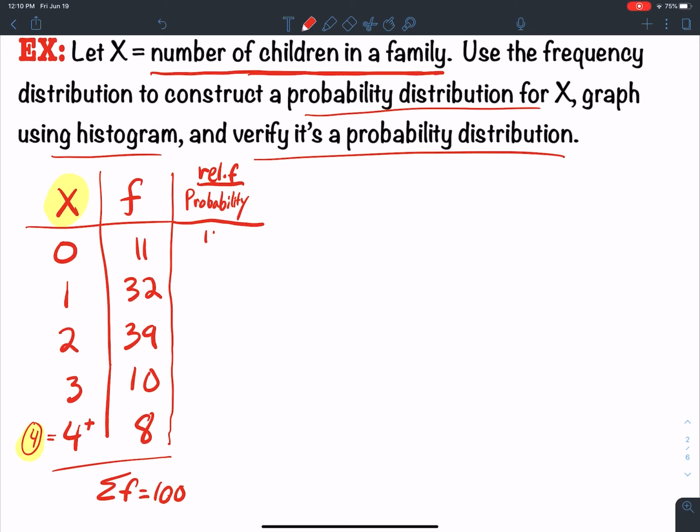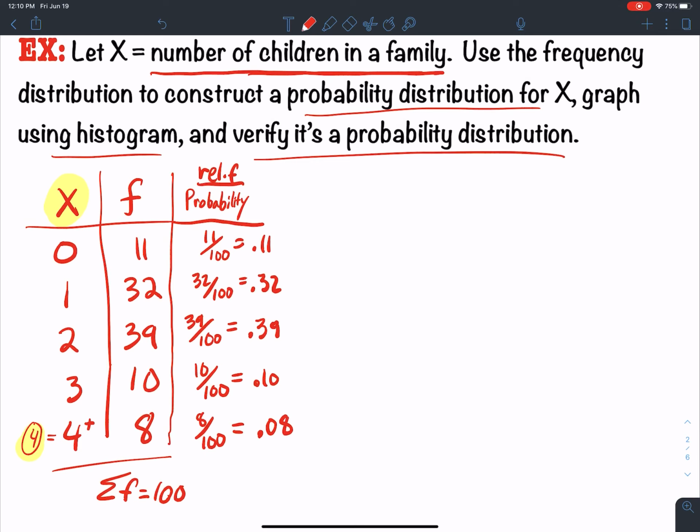And so that means 11 over 100, which is 0.11, 32 over 100, which is 0.32, 39 over 100, which is 0.39, 10 over 100, which is 0.10, and 8 over 100, which is 0.08.